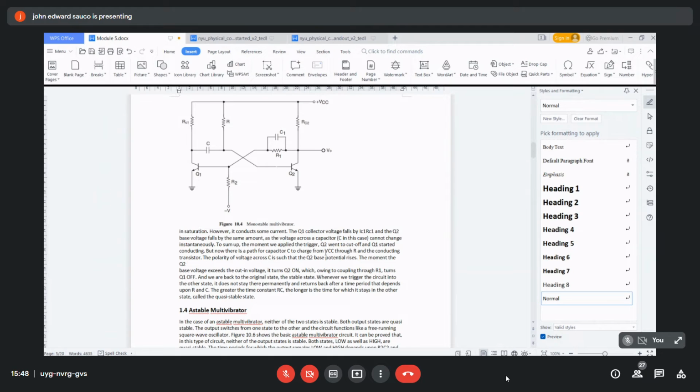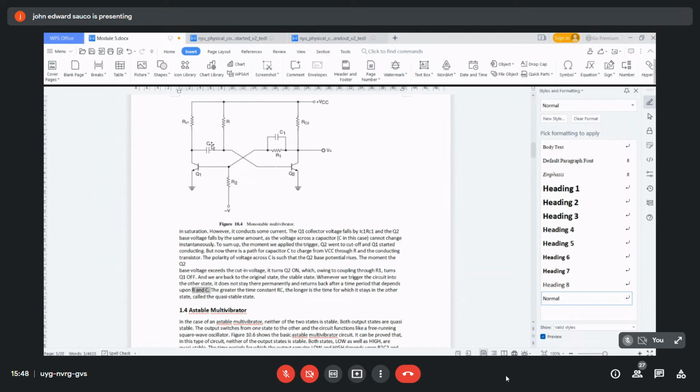Okay? So, yun yung sinasabi dito. So, the coupling through R1 turns Q1 off. So, nag-off na siya, and we are back to the original state, the stable state. Whenever we trigger the circuit into the other state, it does not stay there permanently and returns back after a period of time that depends upon RC.